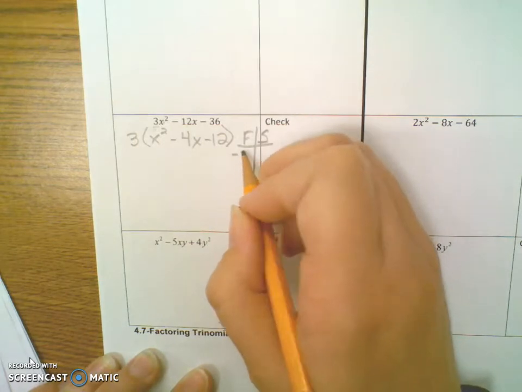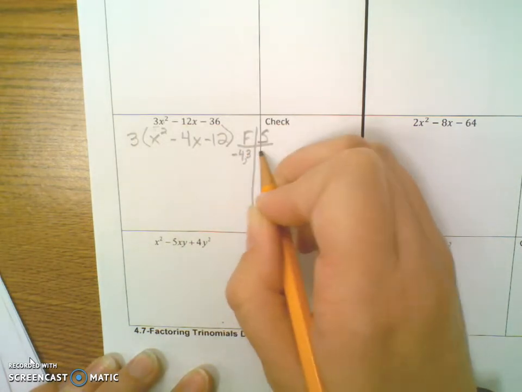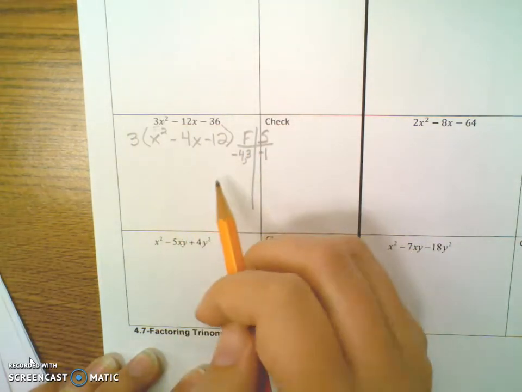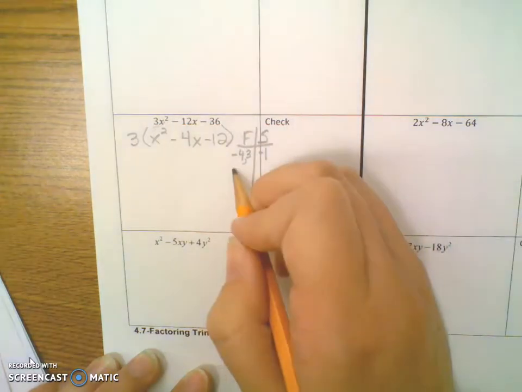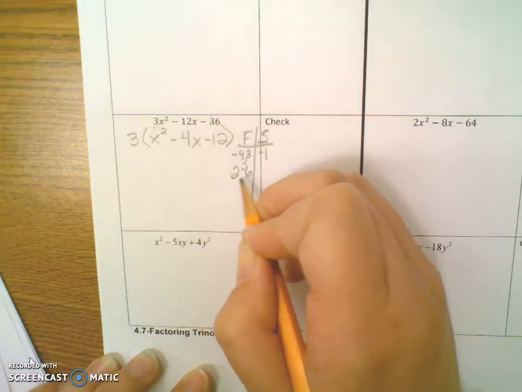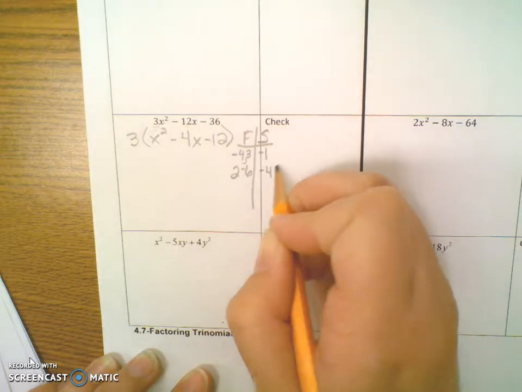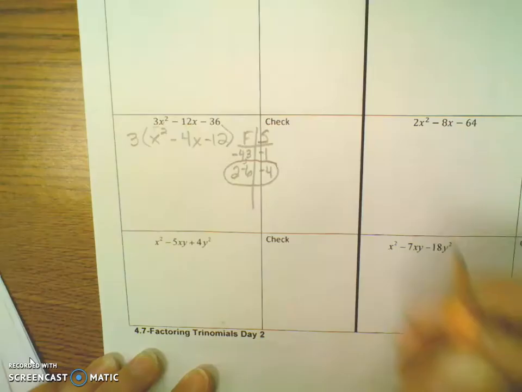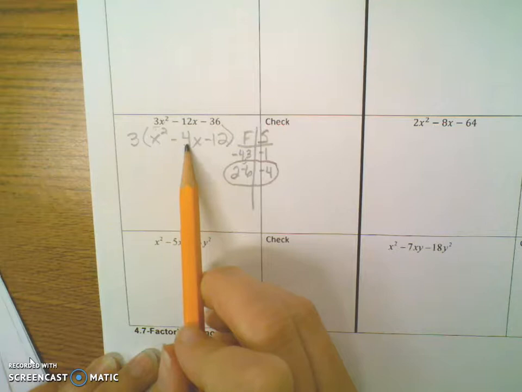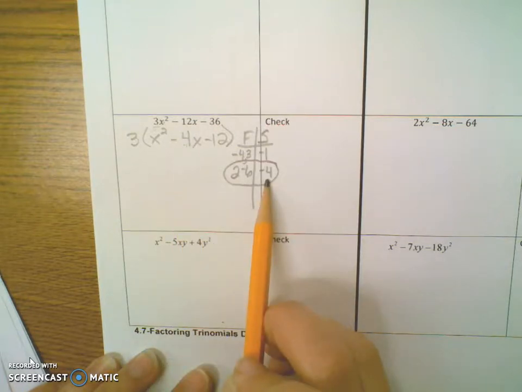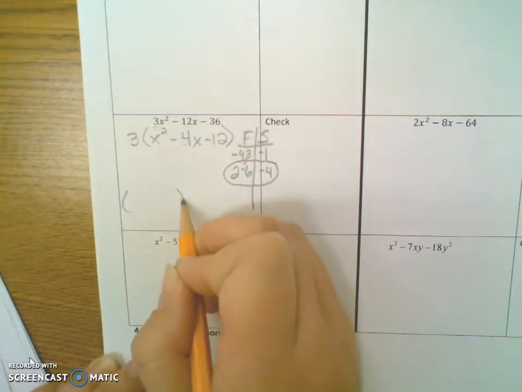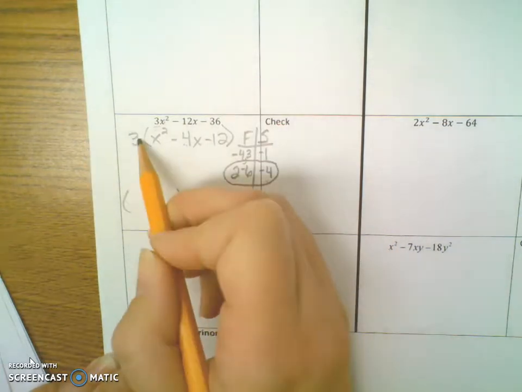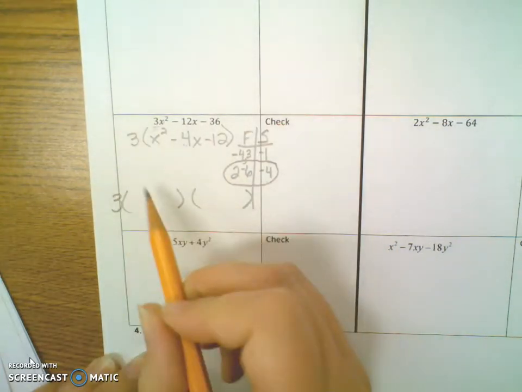And my factors, let's do -4 and 3. That gives me -1, so that's not what I'm looking for. I'm going to do 2 and -6, and that is what I'm looking for. So that's what I'm going to stick with. I'm looking to match this right here, and it is -4. So now I do my parentheses, and I have to put my 3 in front.